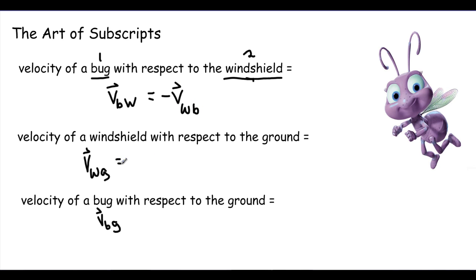And so this is going to be the velocity of the ground with respect to the windshield, but it's going to be negative because they're going in opposite directions. So this will be the negative velocity of the ground with respect to the bug. Okay, so if I have the subscripts one way and I need them another way, I can just put the negative sign in front and it reverses the subscripts. All right, it's going to be important to know for this next topic.